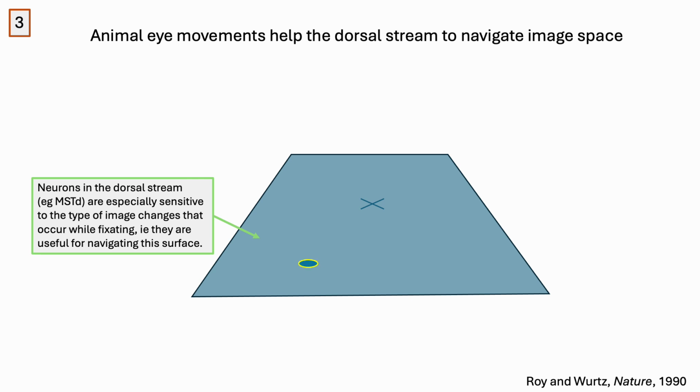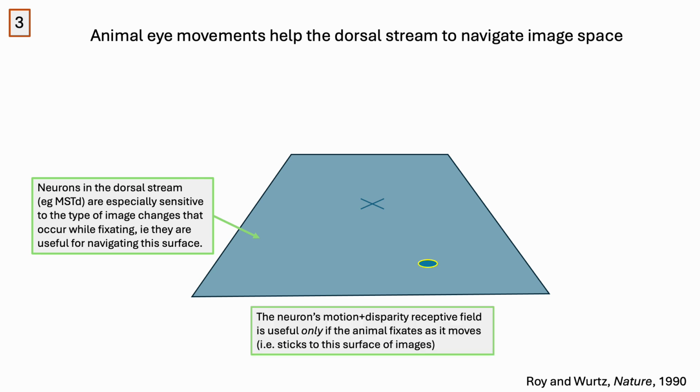So you could see here what that neuron is responsive to. It's responsive to motion on this surface to the right, as the observer moves its head to the right, crucially while fixating. So that combination of motion and disparity, that complicated receptive field, is only useful if the animal fixates as it moves.